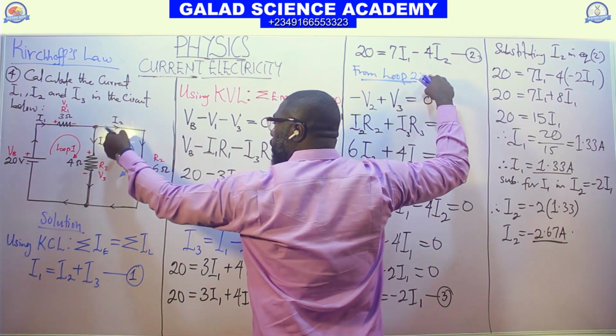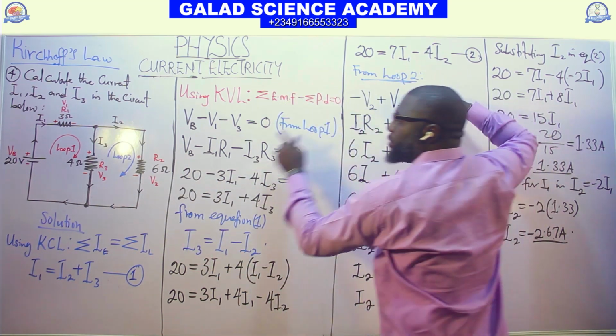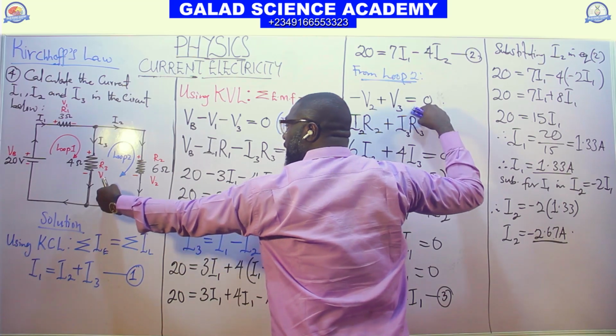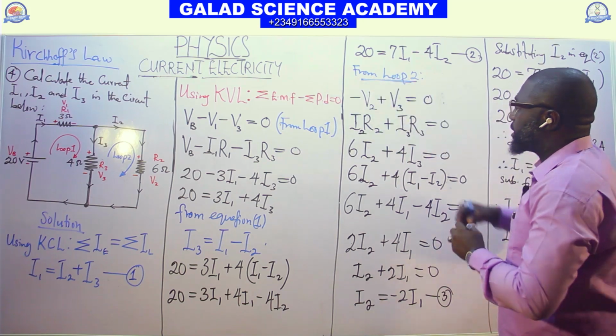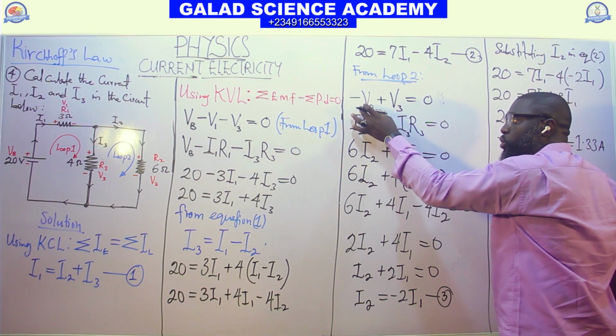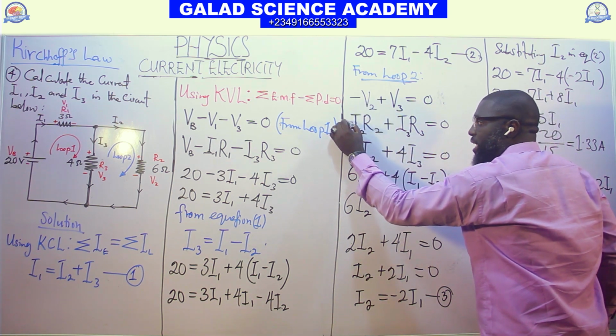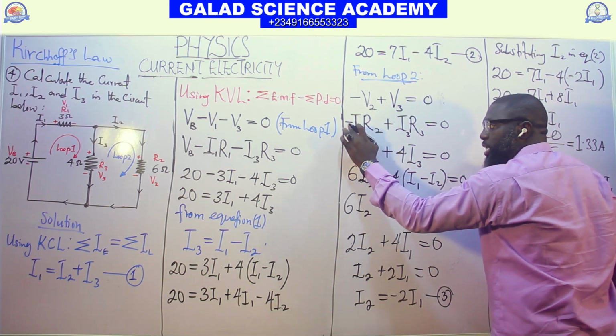V2 is the voltage drop minus V3 voltage rise plus equal to 0. Yes, this is the mistake here. The minus we have in V2, I'm supposed to insert it here. Can you see the mistake now? The minus here, I'm supposed to put it here.